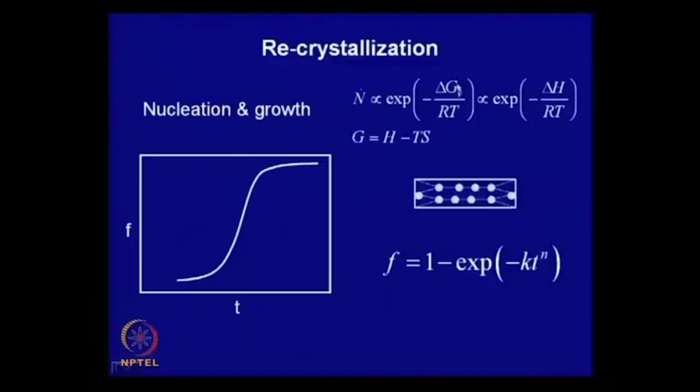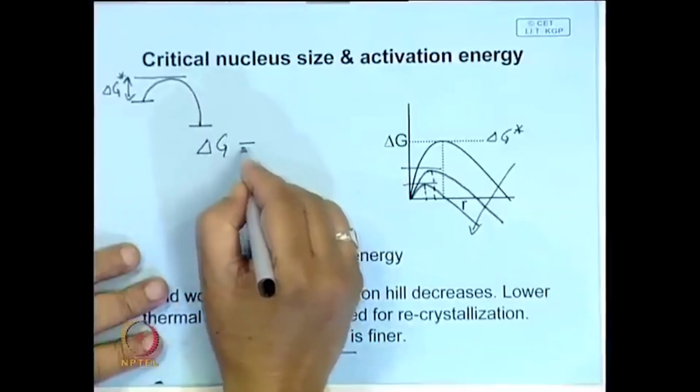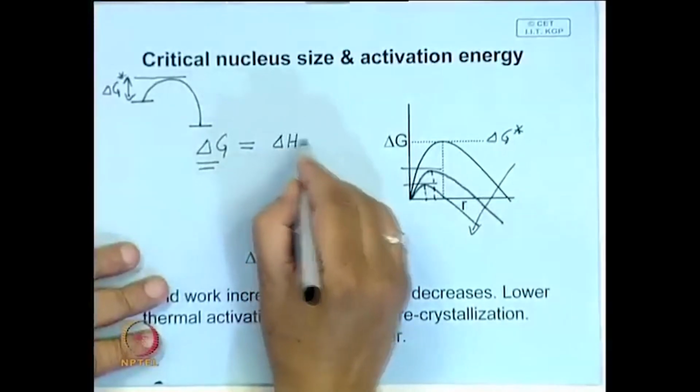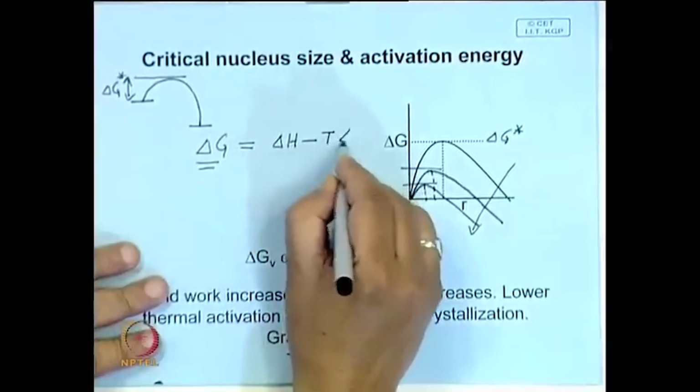If this activation hill is low, the nucleation rate will be very high, that means faster nucleation. Higher cold work gives a higher nucleation rate, and this is the activation energy. So, when you look at this delta G, any free energy has two components, one is the enthalpy part and the other is the entropy part.